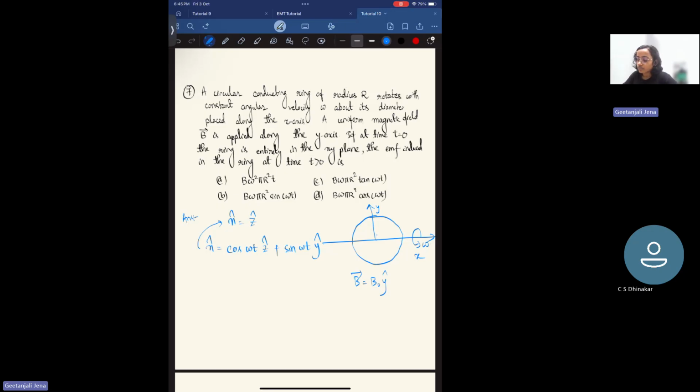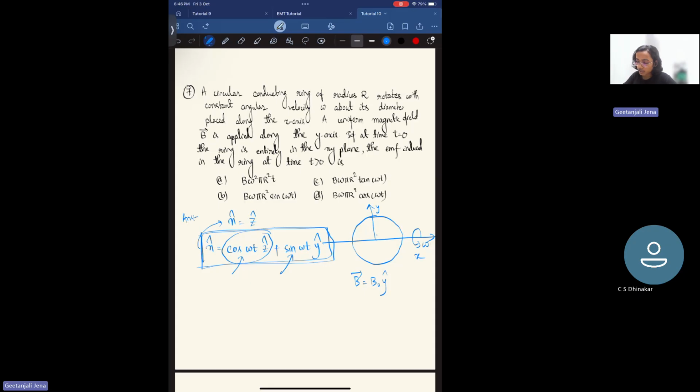So cos should be associated with ẑ, so that when t equal to 0, n cap is ẑ. And when t is not 0, this is the complete expression.